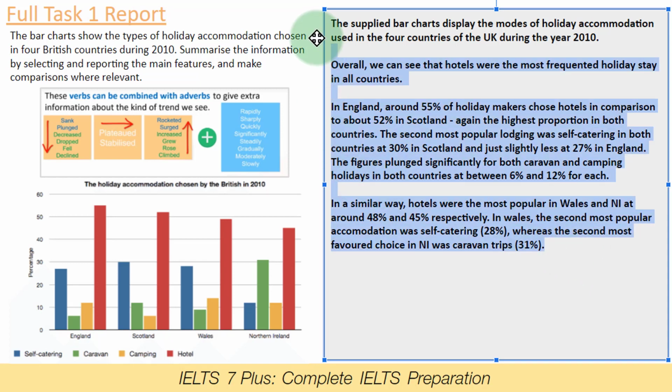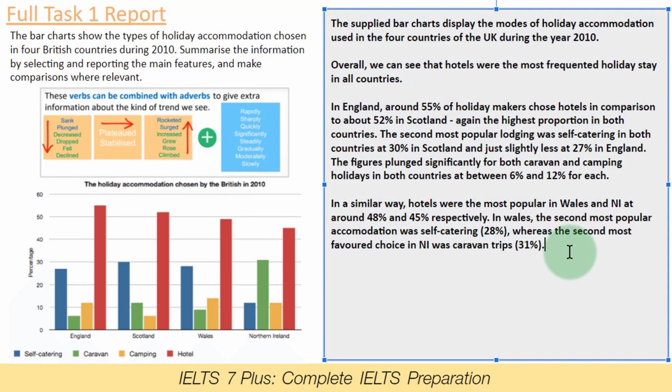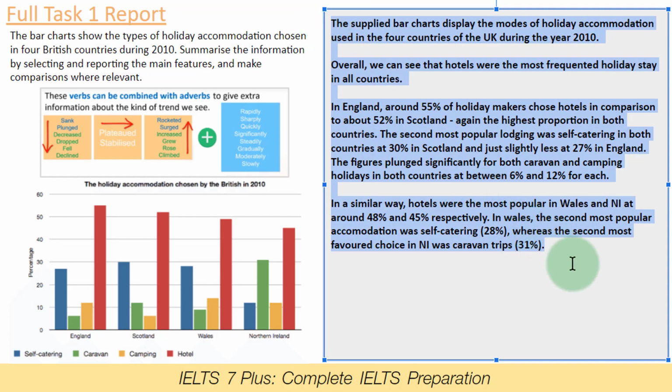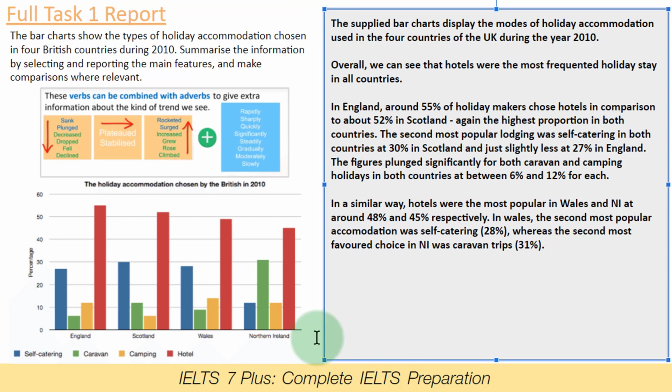Okay, so I'm definitely coming up to about that 150 mark just by looking at it. So, you know what I'll do? I'm going to speed this up a little bit and, in a similar way, say that in Wales, caravan and camping were the least popular, and in Northern Ireland, these two were the least popular.